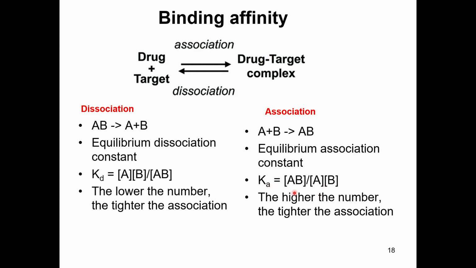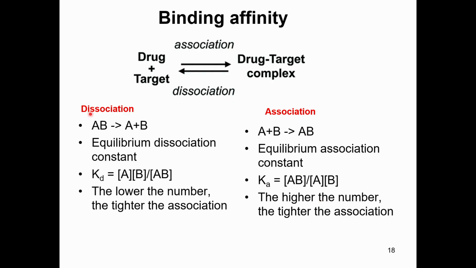The Ka is calculated by taking the concentration of the drug-target complex divided by the concentration of free drug times the concentration of free target. So that's just a ratio, isn't it? It's the ratio of the drug and the target concentration where they got together divided by the free drug times the free target, okay? So if you think about that simple equation, the higher the number, the higher the affinity, right? The higher the association. So a high Ka for a drug means that drug binds the target very, very well.